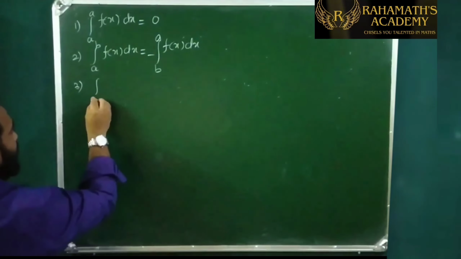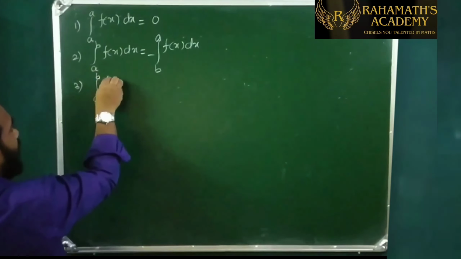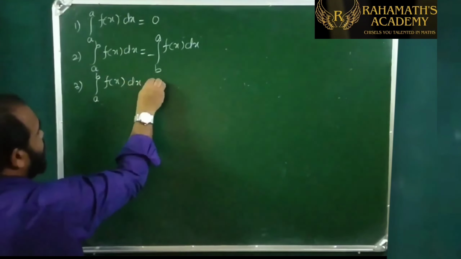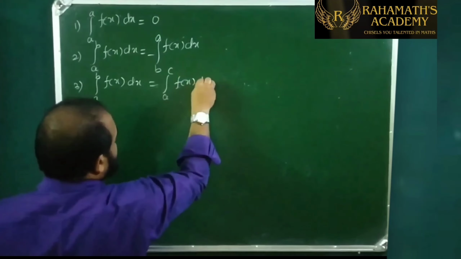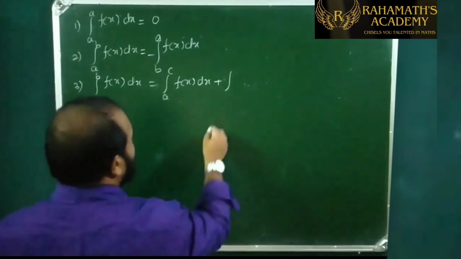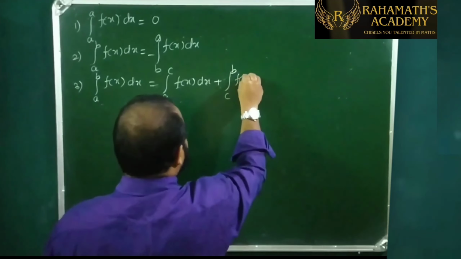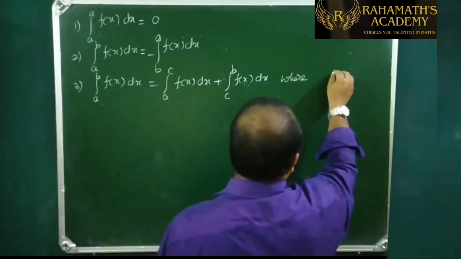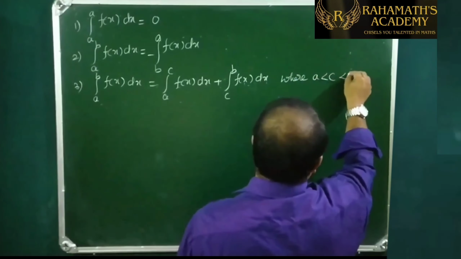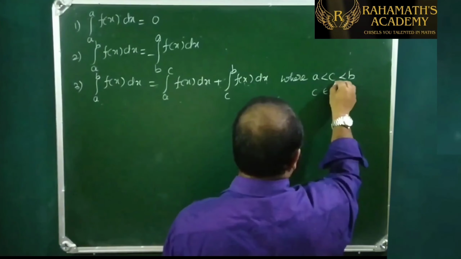Integral a to b f of x dx is equals to integral a to c f of x dx plus integral c to b f of x dx, where c is lying in between a and b.